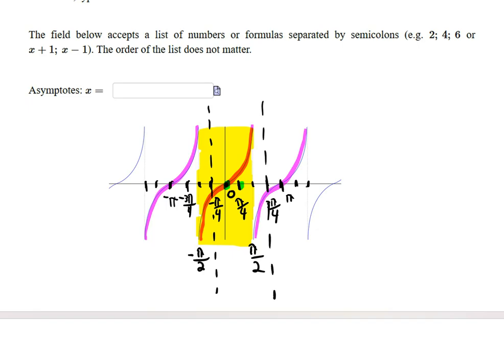So this graph is now going to go like that. The asymptote that was right here would move to here, which is still outside the realm of pi.